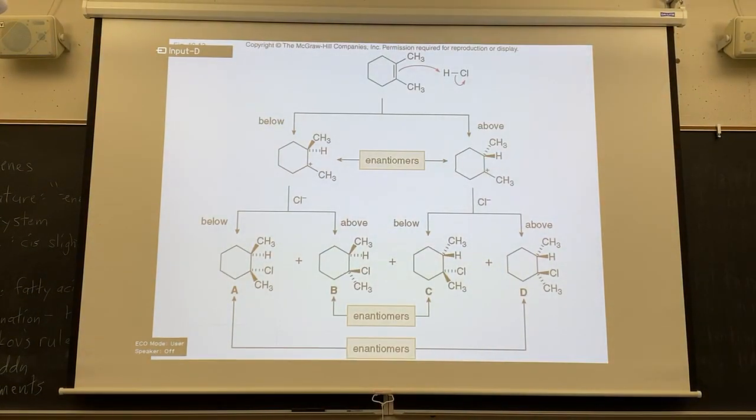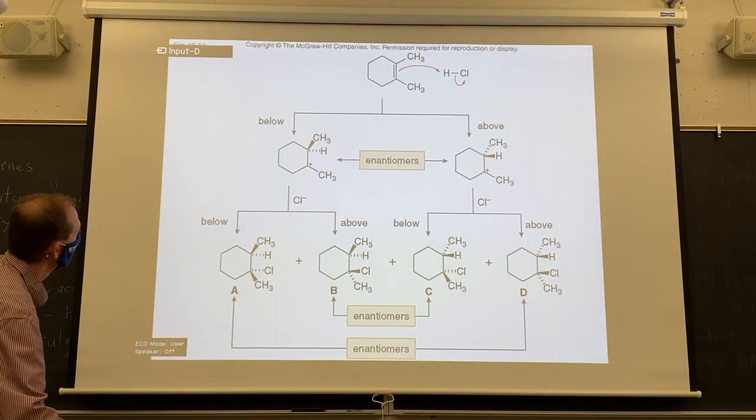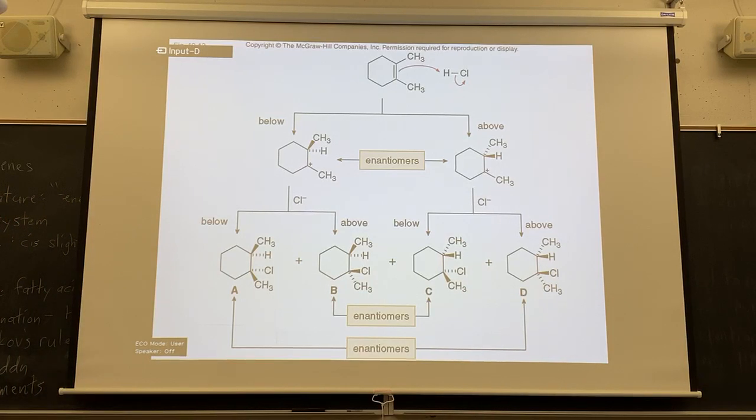Okay, here we are. So remember, we said that when this alkene here is protonated by HCl, we're actually forming a stereocenter in that process. And so we generate a chiral carbocation. Of course, the positively charged carbon is not a stereocenter, but the other carbon, the one that gets protonated, is a stereocenter.